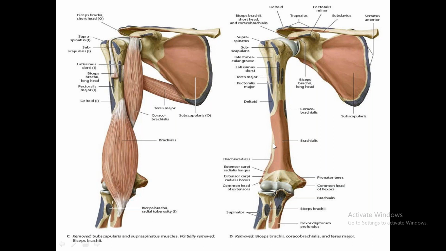Another muscle is the biceps brachii. It has two heads, short head and long head. Short head arises from the tip of the coracoid process of scapula, and long head from the supraglenoid tubercle of the scapula.